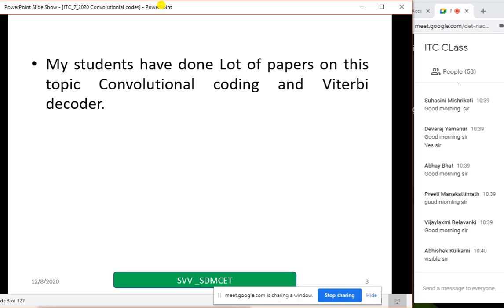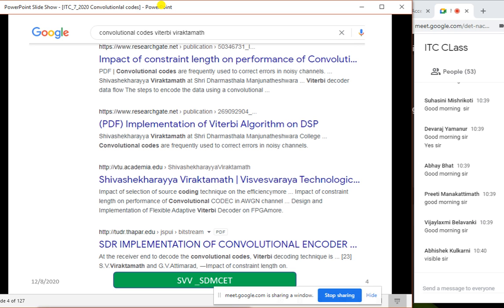Many of my students have done a lot of papers on this particular topic, convolution coding and decoding, especially a Viterbi decoder. A lot of papers have been done by me and my students, and if you Google it, you'll get a lot of papers on convolution codes and Viterbi. I just typed it in Google and could see papers published by many of my students with me.